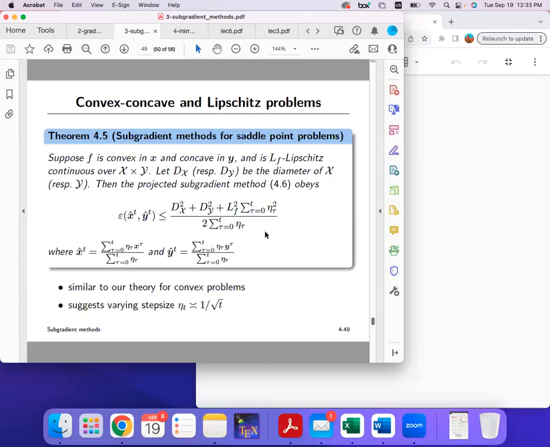So if we pick a proper step size, for example, if we choose eta t to be 1 over square root of t, then this is roughly log t over square root of t. So the convergence rate is the same or very similar to that of subgradient descent for convex optimization problems.